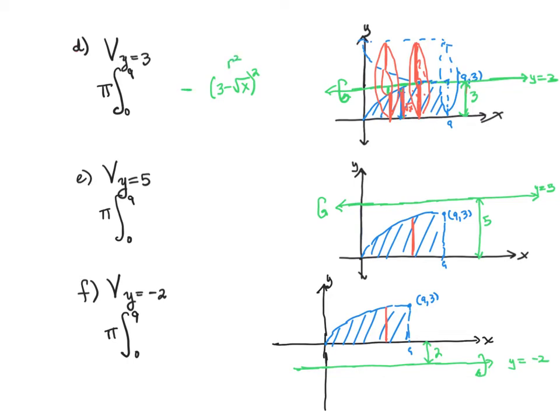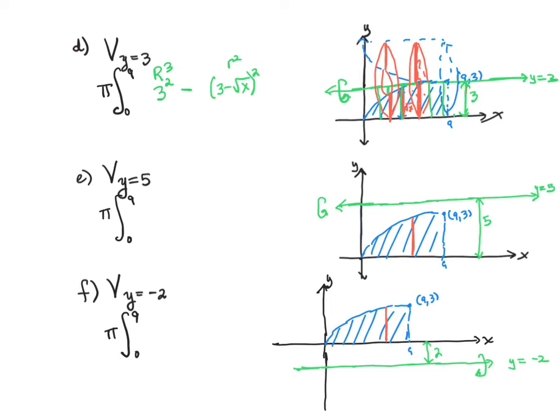But we also have to subtract the outer radius. If you take a look at the outer radius of the washer, it is the distance from the axis of revolution to the x-axis, and that's always 3. And that's squared.